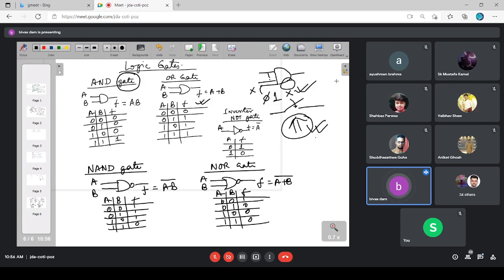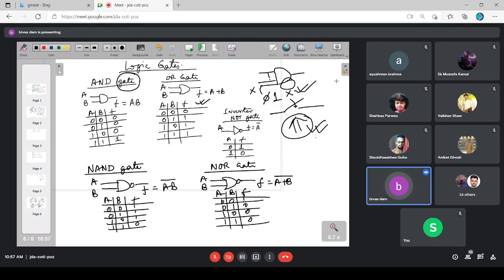But if you go for the OR or NOR, we have to check whether any of the inputs is 1 or not. If the input is 1, I can straight away predict what the output will be. I need not go for evaluation of the other input values.